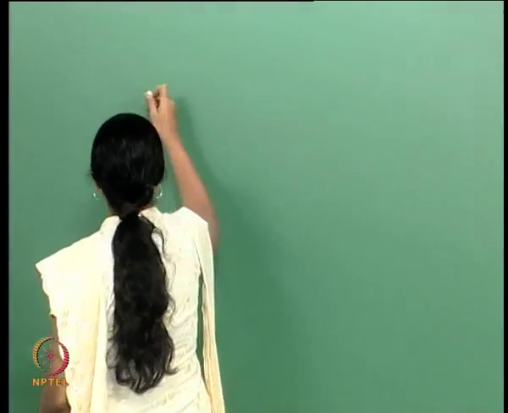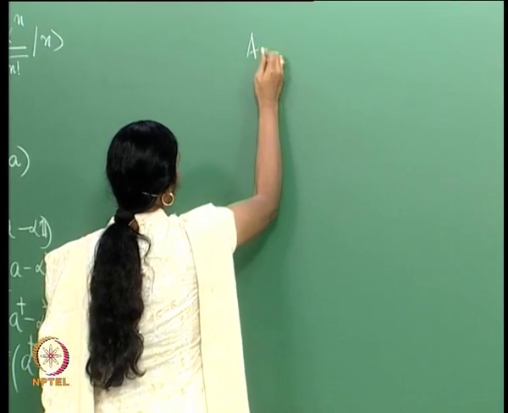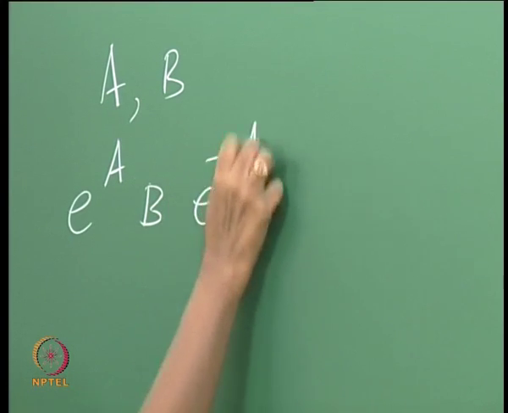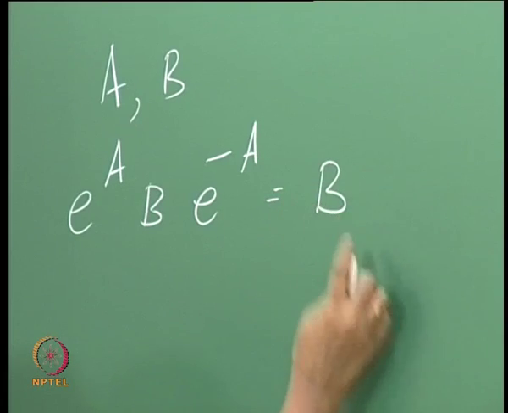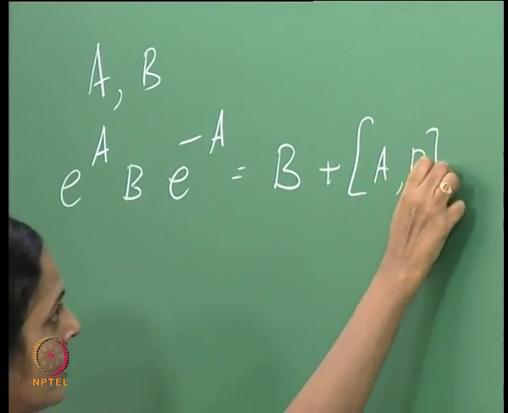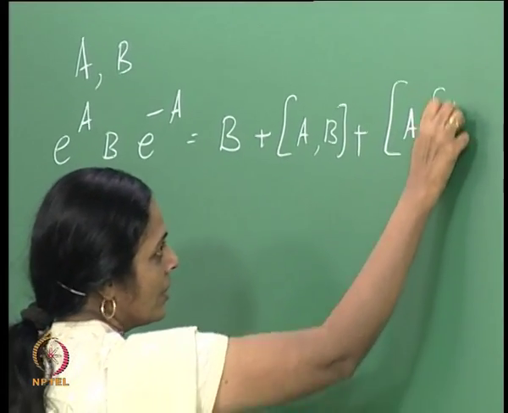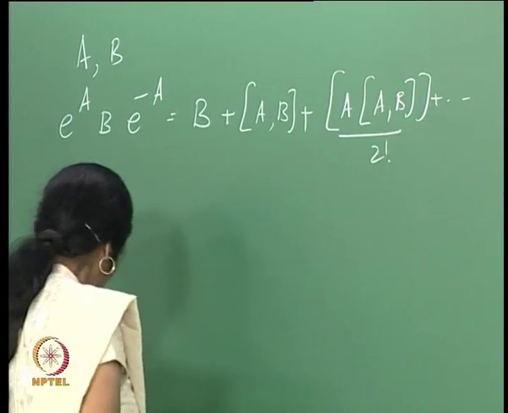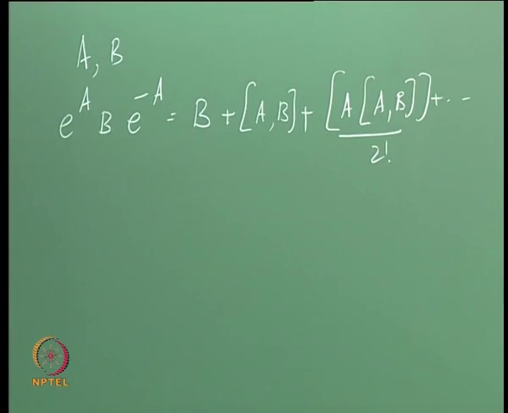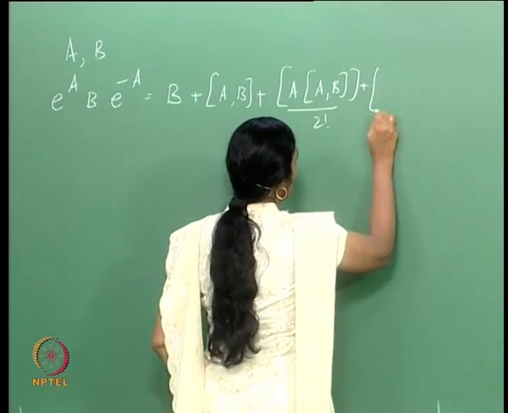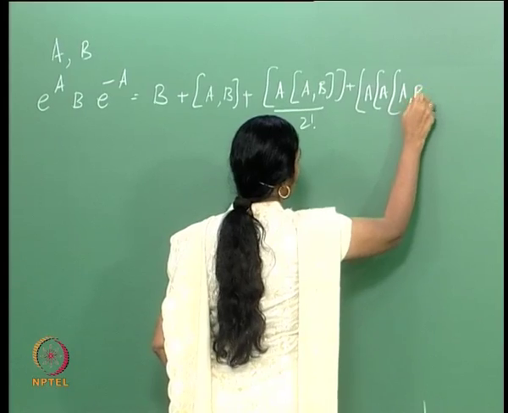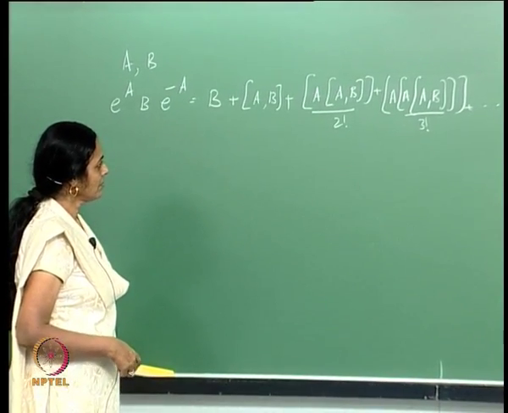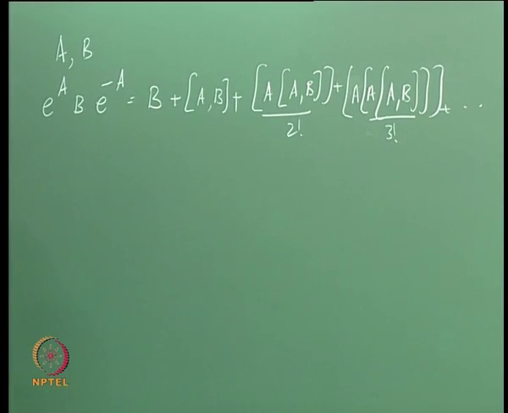It says if you have an operator A and an operator B, then e to the A B e to the minus A is simply B plus the commutator of A with B plus the commutator of A with the commutator of A with B by 2 factorial, plus the next term to complete the series, the commutator of A with the commutator of A with the commutator of A with B by 3 factorial, and so on. Which is precisely what we will use here. We will use this identity.